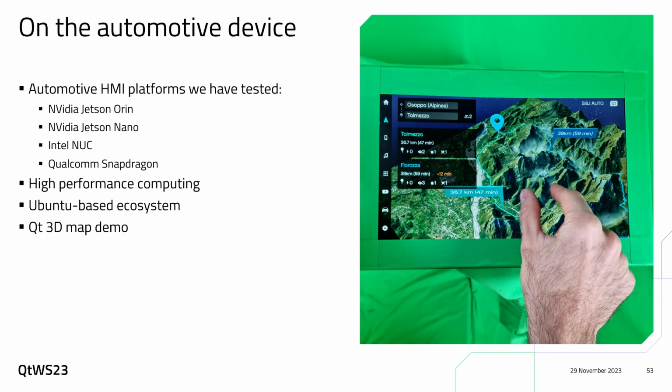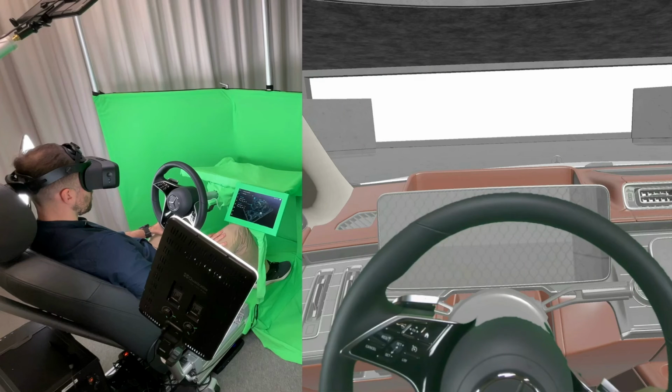To showcase that the mixed reality cockpit is perfectly able to test dedicated Qt applications, we've used the Qt 3D map demo that we created some time ago. It allows the user to manipulate the 3D map and set the navigation using a few predefined routes. So let's see it in action.